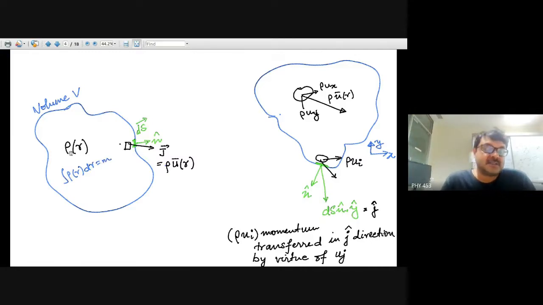And the total mass can change as a function of time, and that could lead to a difference in density. If the mass changes and the surface encompassing the volume remains fixed, then the rate of change of density, because mass is flowing out, will be related to the current of mass flowing out through a surface.